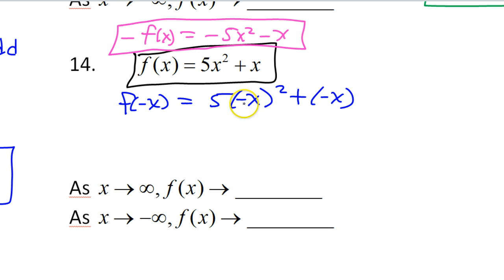When you have an even power, the negative goes away. So this will be 5x squared, and then just minus x.